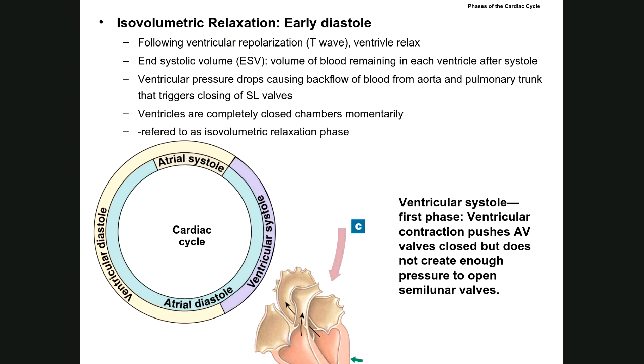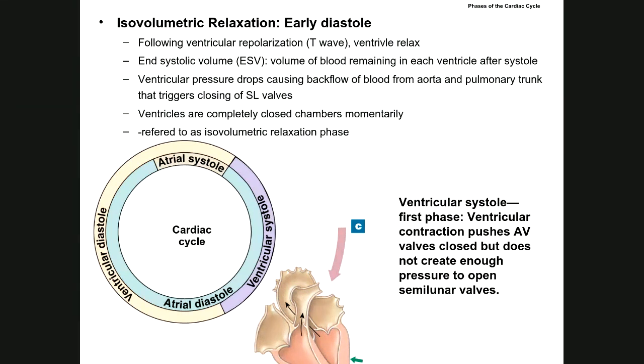So during the systole phase, we have this first phase. Following ventricular repolarization, which is the T wave, the ventricles relax. The end systolic volume is the blood remaining in each ventricle after the systole.